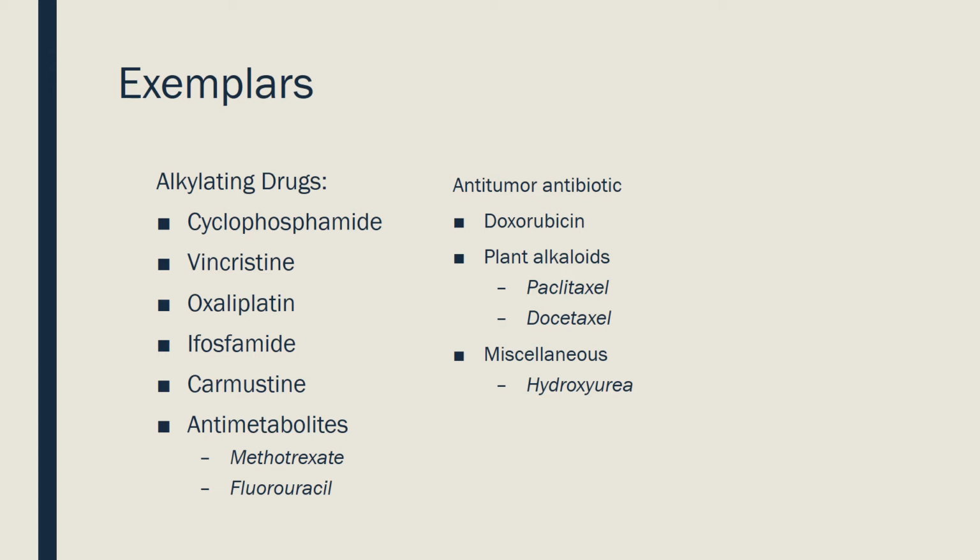We have cyclophosphamide, vincristine, oxaliplatin, ifosfamide, carmustine, and then underneath the alkylating drugs are your antimetabolites, the methotrexate and the fluorouracil. Now, the alkylating drugs damage the DNA of the cell cycle, so that's where those come into play.